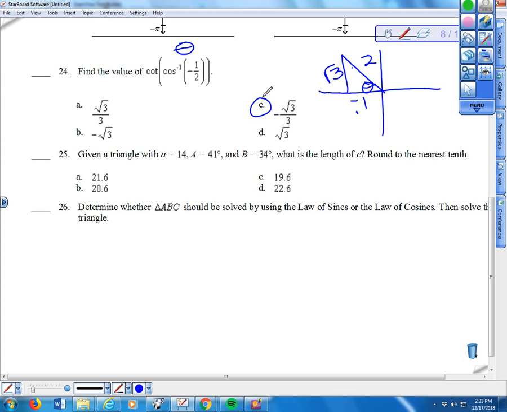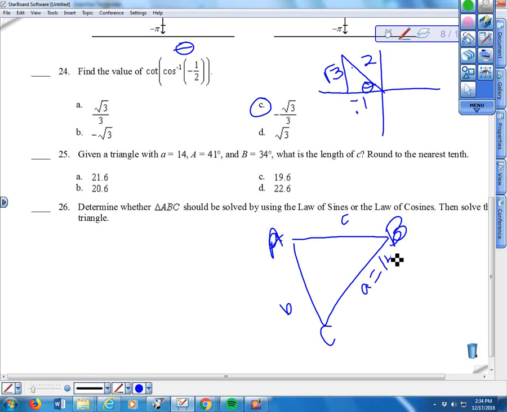Given a triangle ABC. A is 14, angle A is 41, angle B is 34. So we want to find the length of C. Well, I can figure out this angle, because that's what, 75?